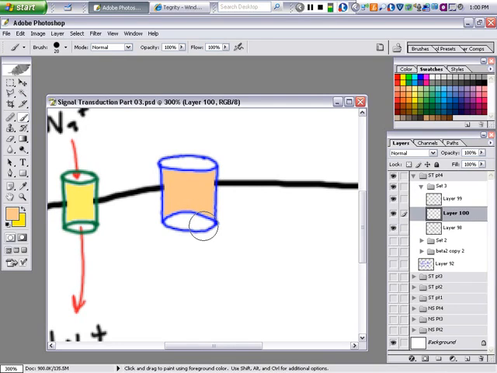Only when it senses that the cell has become depolarized will it open up. And when it opens up, only then will calcium that's outside of the cell rush into the cell. So this calcium is going to come into the cell.